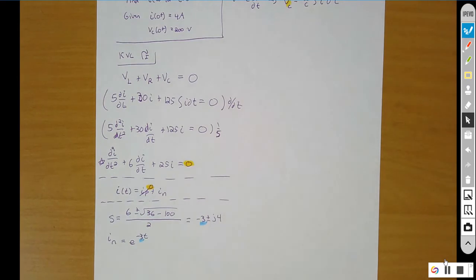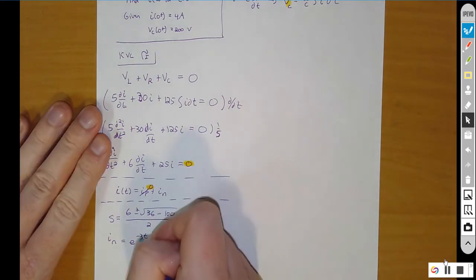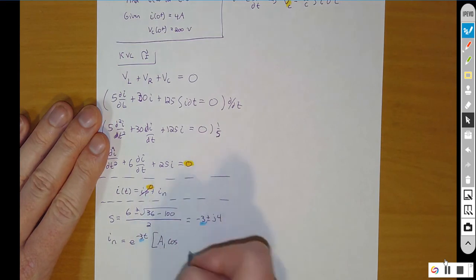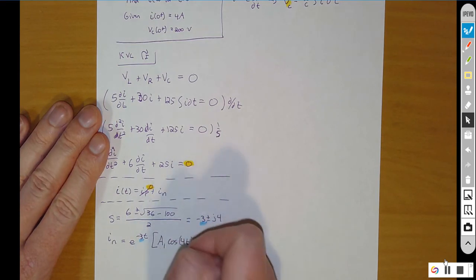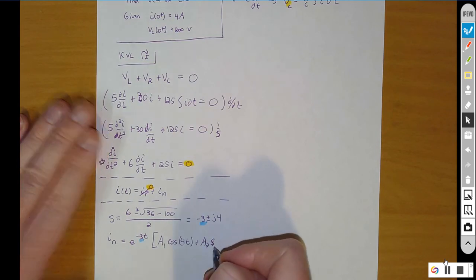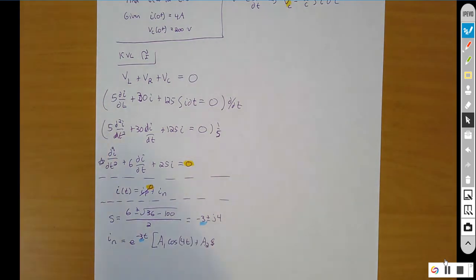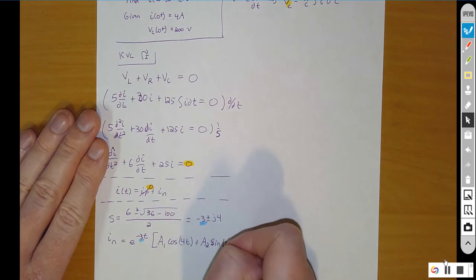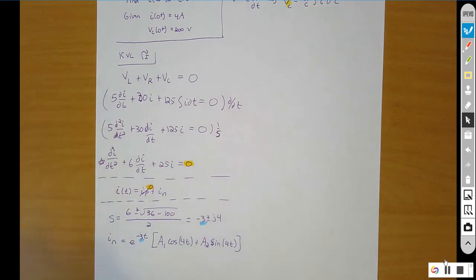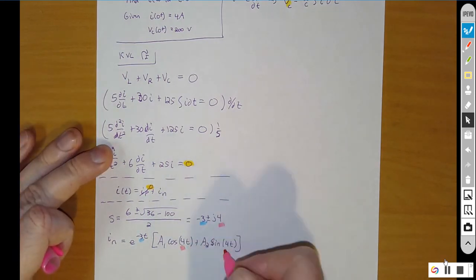Then we multiply that by the quantity a1 cosine 4t plus a2 sine 4t. And that 4 comes from here.